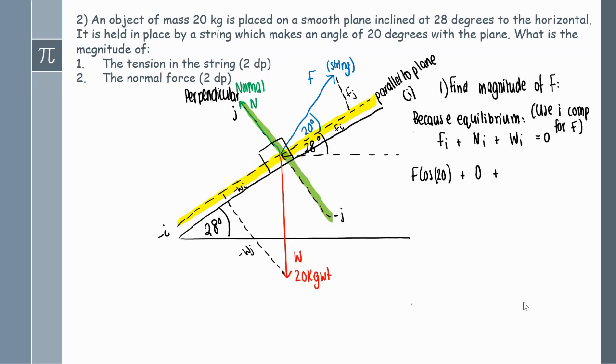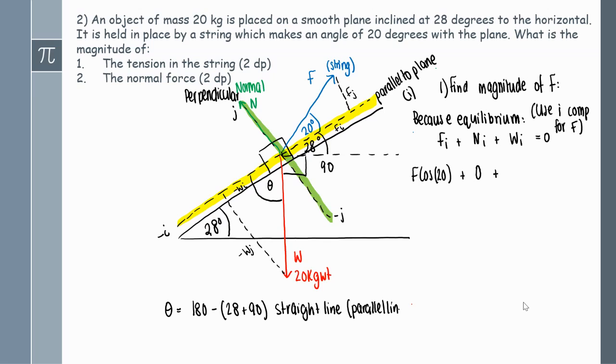And for Wi, we need to find the angle that W makes with our parallel line to the plane. So you can see that there'll be a straight line, my I direction here. So if we can find our straight line, then we can say that theta equals 180 degrees minus 28 plus 90 because of this straight line.